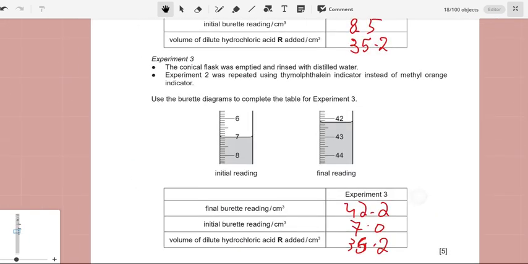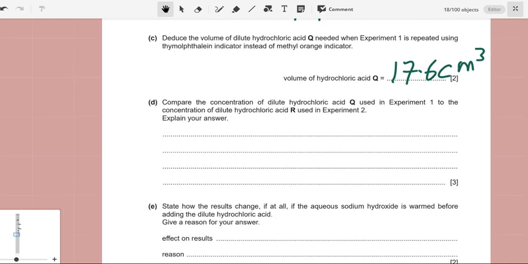So it means that R is more diluted. So here you have to write that Q is more concentrated than R.